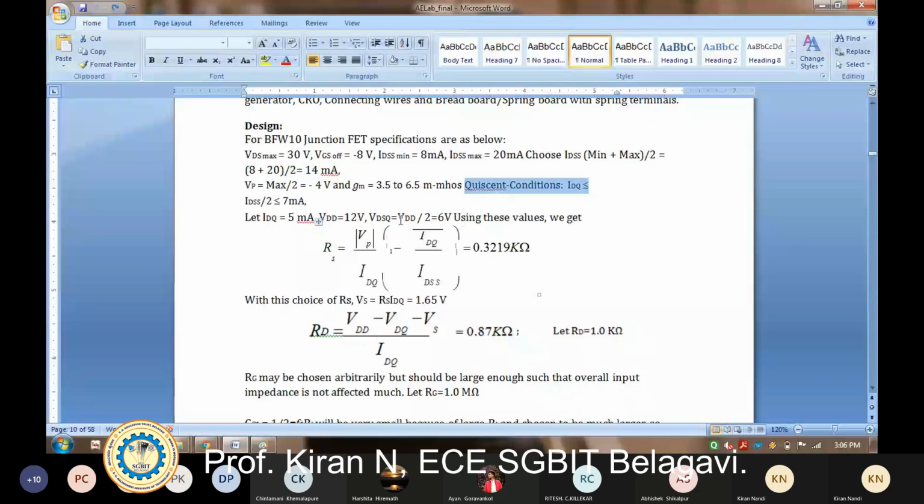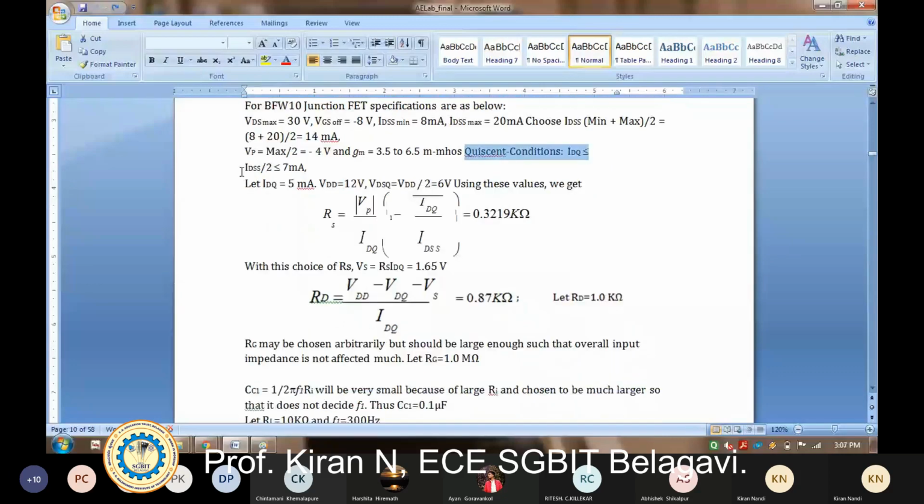All these values they'll be giving here. What you have to do is fill in those values and calculate the different parameters. I have written here RS is equal to mod of VP divided by IDQ. So substitute all those values, you will be getting the RS value.